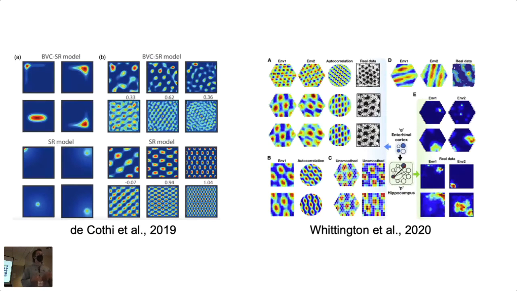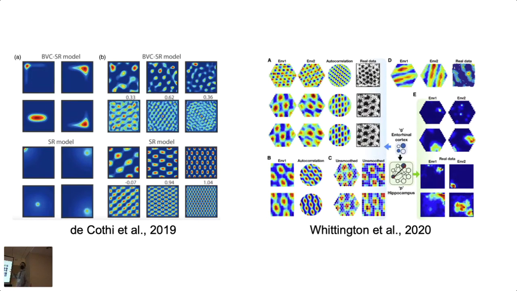So here's two such examples of theoretical models that produce place cells. So this is a boundary vector cell successor representation model. This is a model that comes from the reinforcement learning literature in some respects, that it uses a successor representation to model the hippocampus as a sort of predictive map.